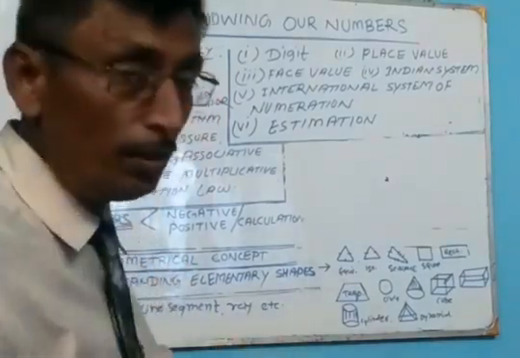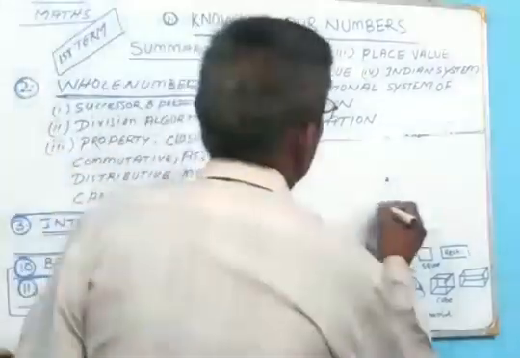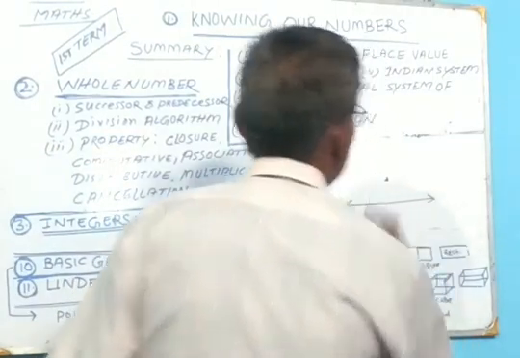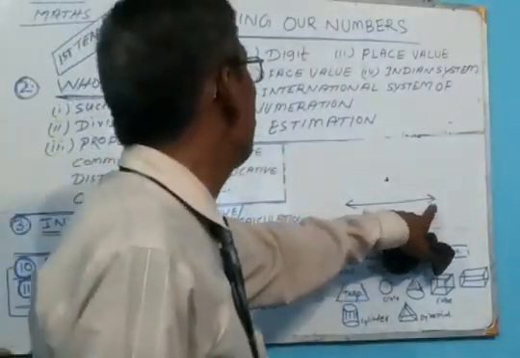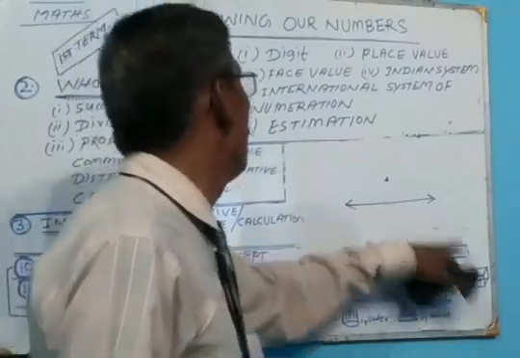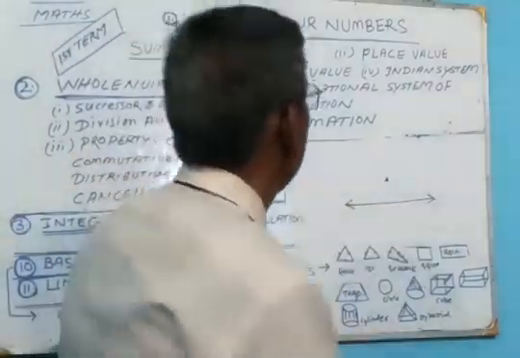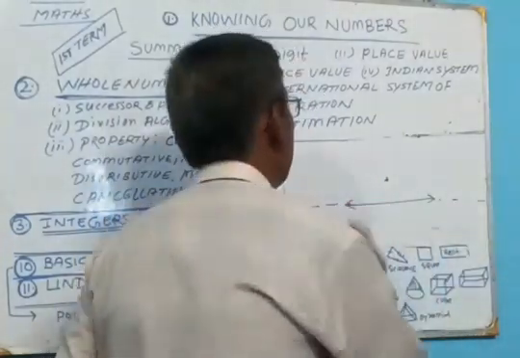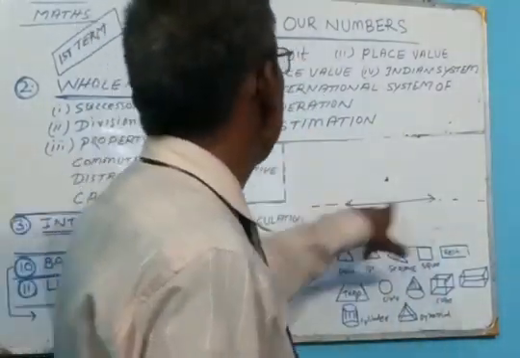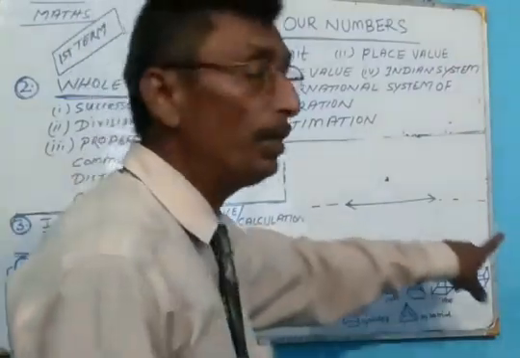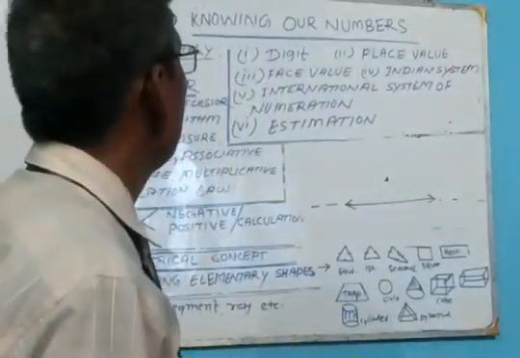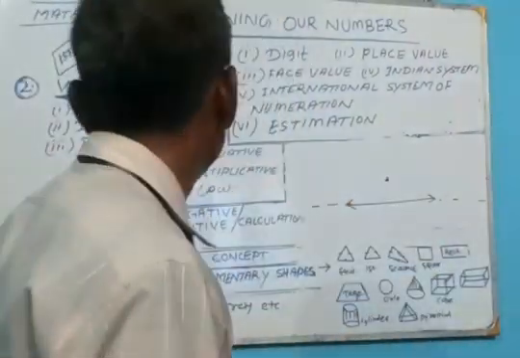What is a line? If there is no end point of any line, they have both ways, that means no end point, then it is a line.